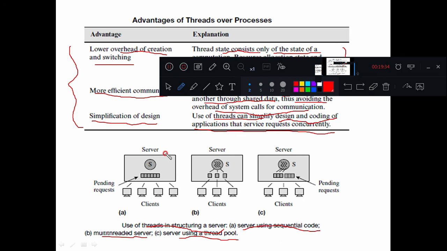So the first one is very inefficient, because the entire server is going to handle one request. After completion of that request, it is going to switch to the next request, which is very inefficient, right? So instead of that, the server can create multiple threads, and each thread is going to handle that particular request, right? So we'll see two kinds of threads in the next class.